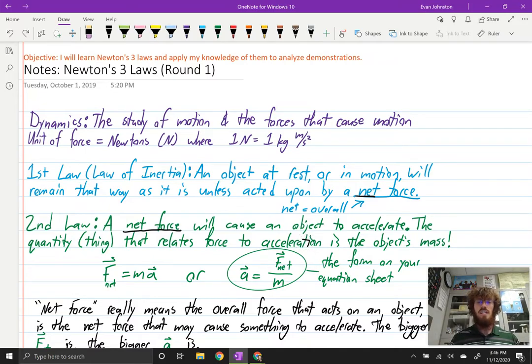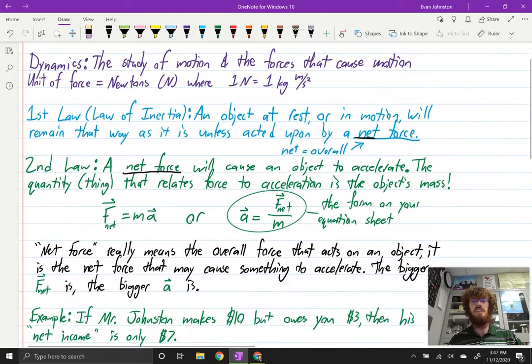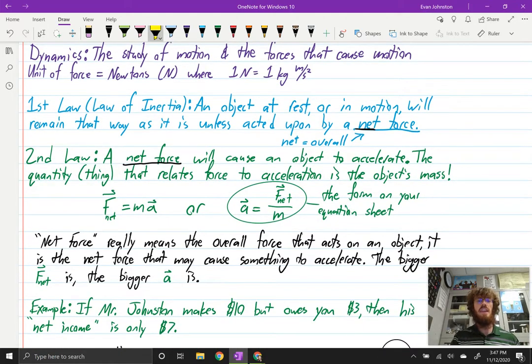In regards to these net forces and what they can do in making things go faster or slower, our second law says that that same net force, this overall force, will cause things to accelerate. So a net force causes acceleration, and the thing that really relates net force and acceleration is mass. If we forget the mass part, they're just proportional.